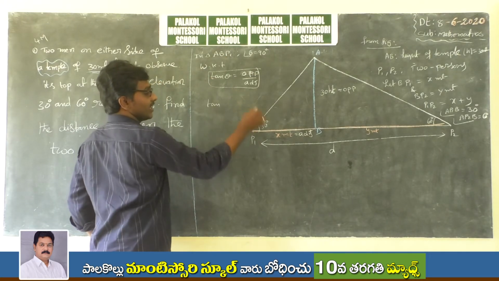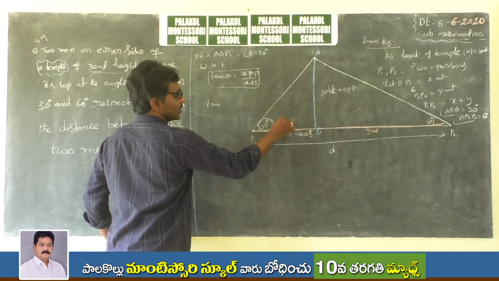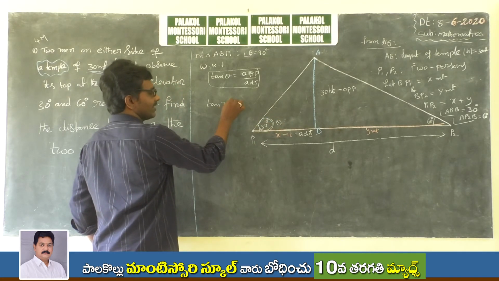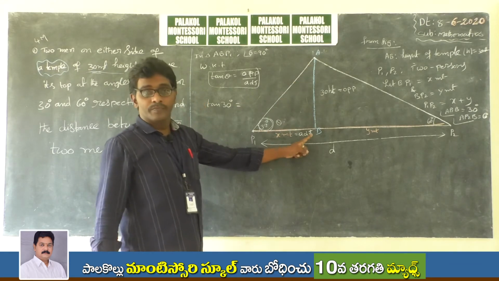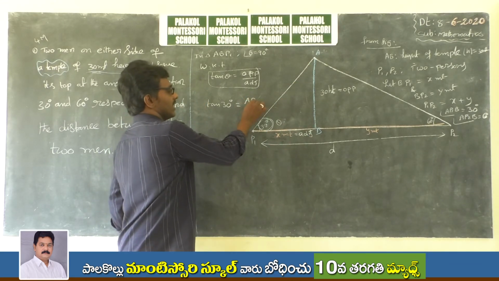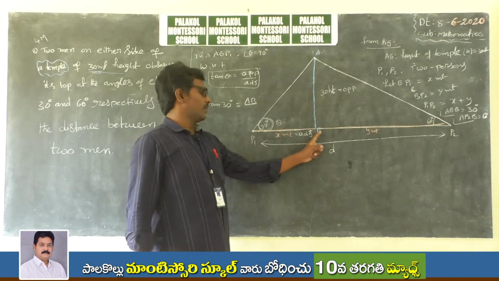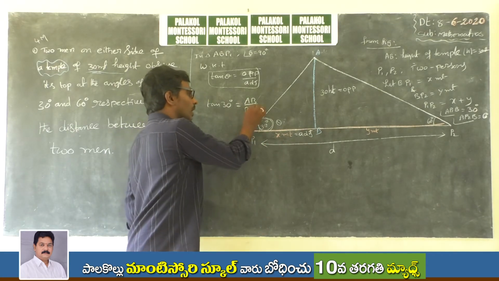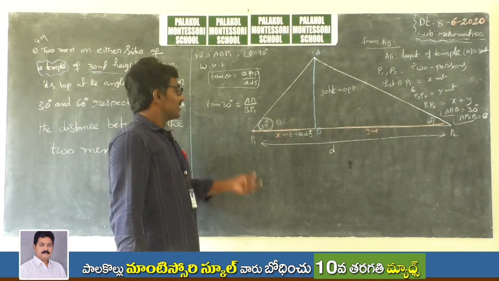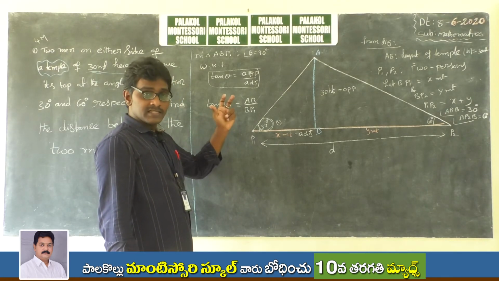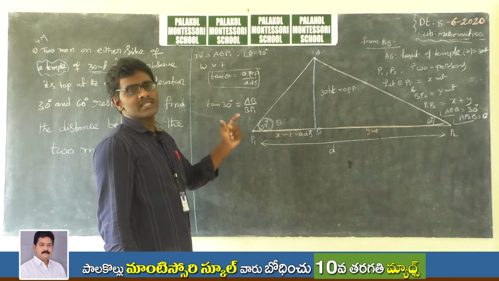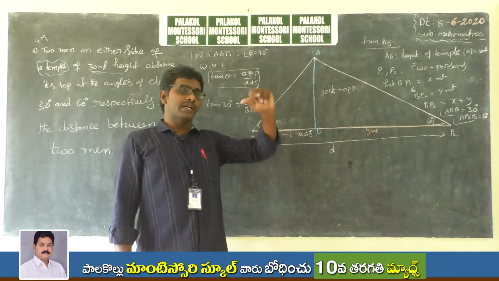In this triangle the theta value is 30 degrees. So tan 30 degrees equals the opposite side AB over the adjacent side BP1. Guys, don't forget tan 30, tan 60, tan 45. Remember these values quickly.